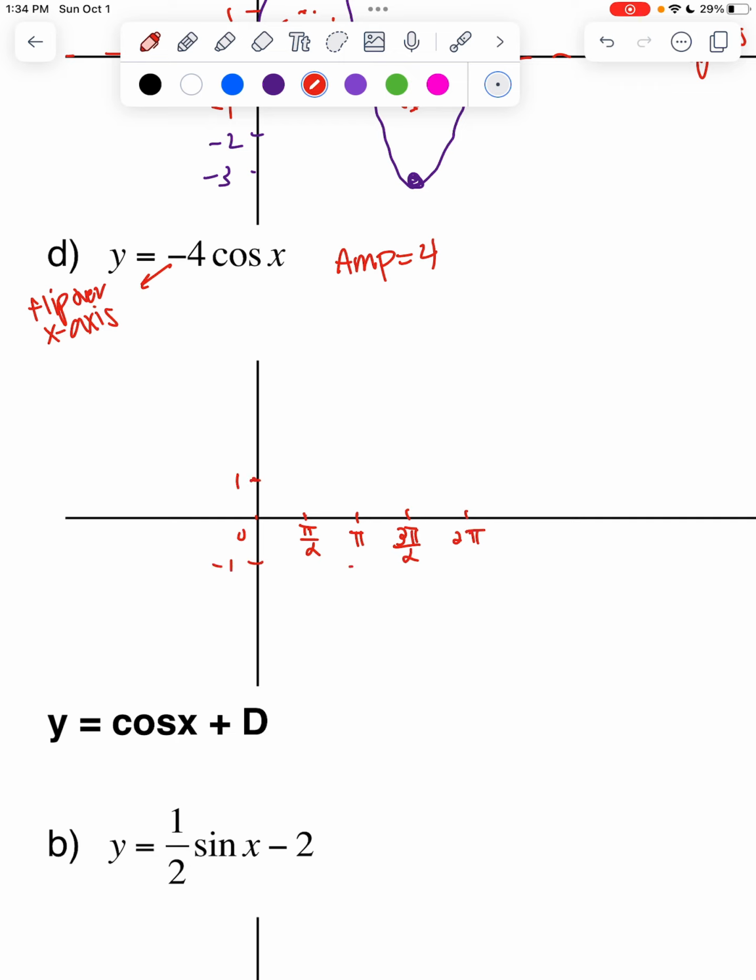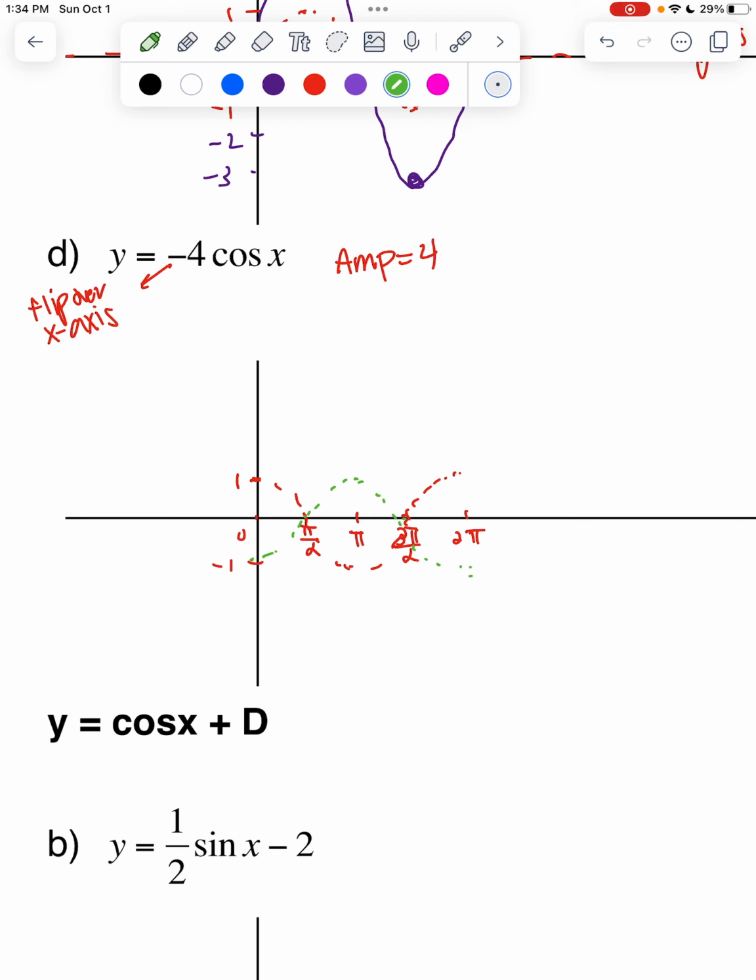We are dealing with cosine, so this is our parent function. I'm going to first start by flipping over the x-axis. So my new flipped graph is going to look something like this.